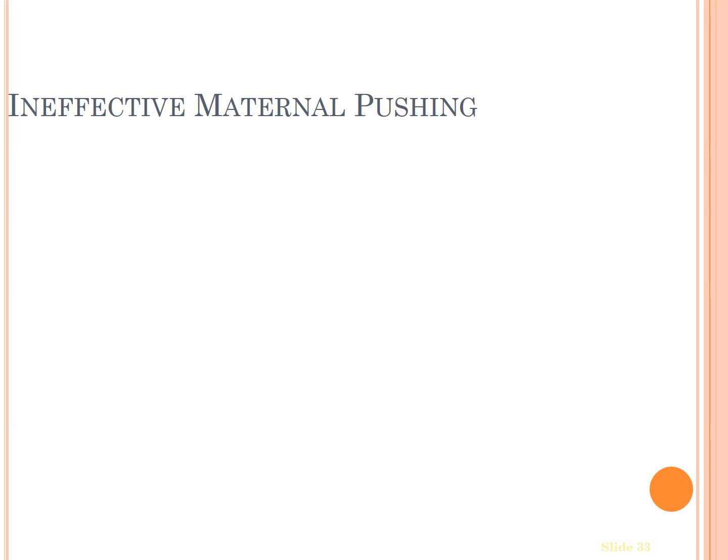Before I talk about ineffective maternal pushing, with hypotonic, this can many times be related to over distension of the uterus, and you need to be thinking about what are those types of situations.